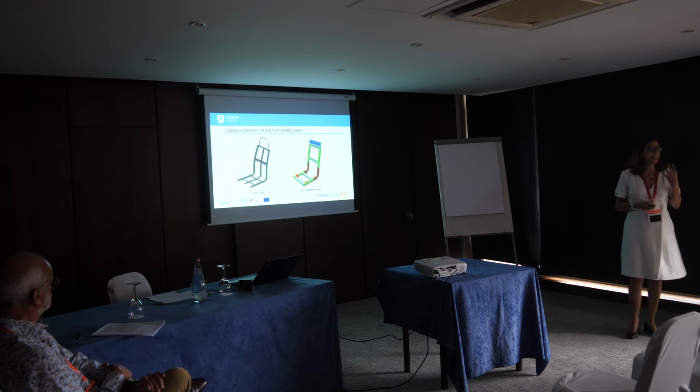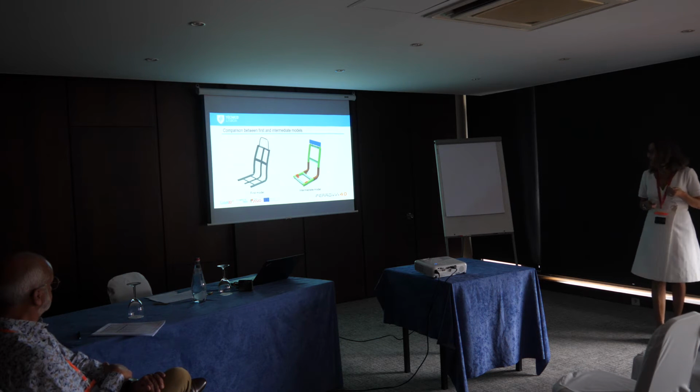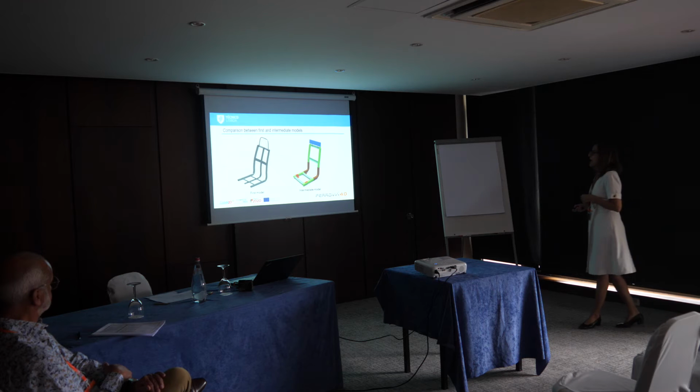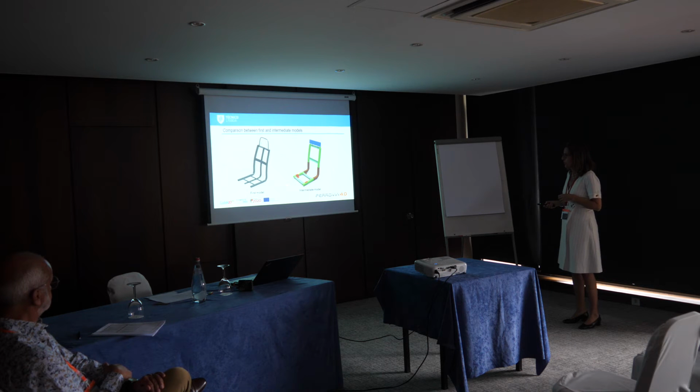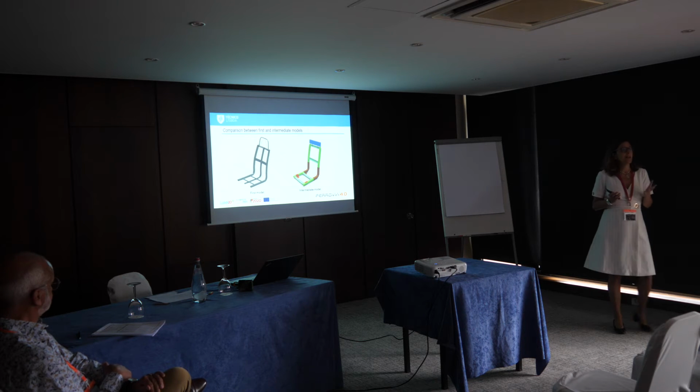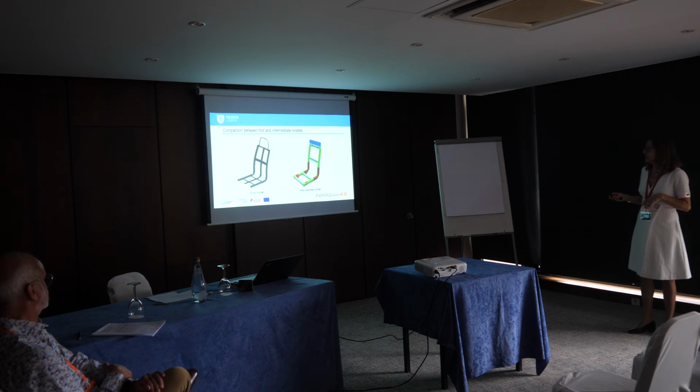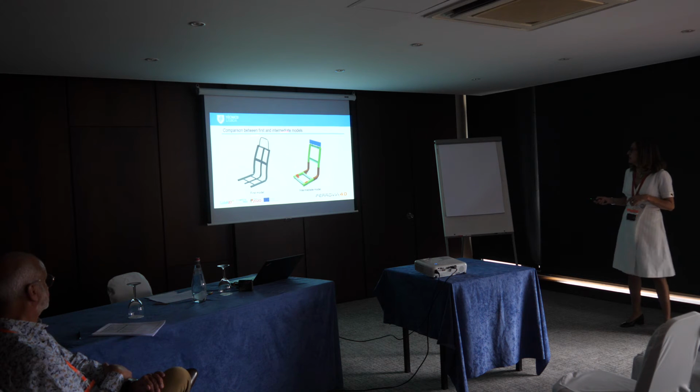After this, we decided to change the structure. And how did we change the structure? We introduced these beams, as you can see here, and we introduced a reinforcement Y to decrease the displacement in this direction.